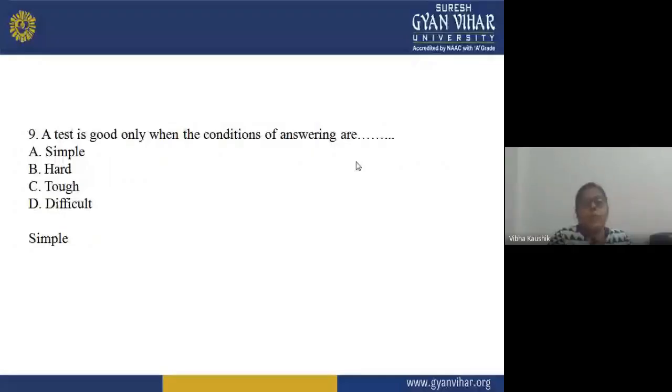The options are A. Simple, B. Hard, C. Complex, D. Cut. You have to give the correct answer on the basis of choice, and the correct answer is option A, that is simple. It means a test is good only when the conditions of answering are simple for the learners.